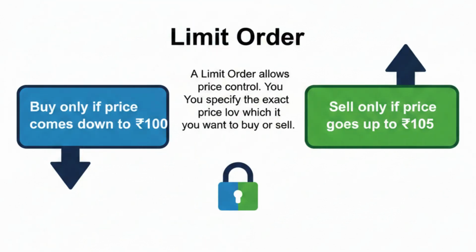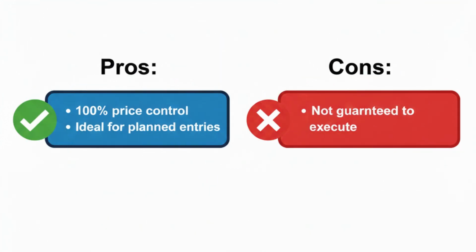Limit order. A limit order allows price control. You specify the exact price at which you want to buy or sell. Buy only if price comes down to 100 rupees. Sell only if price goes up to 105 rupees. Pros: 100% price control.